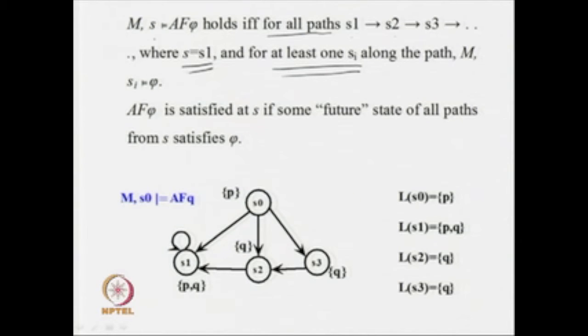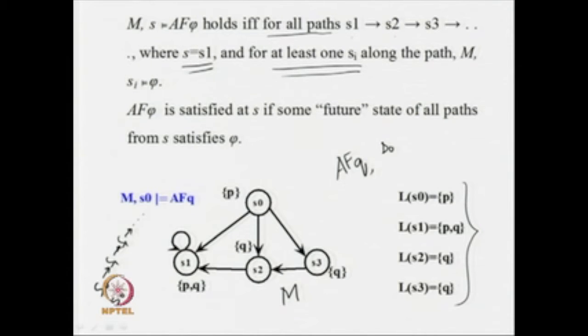Now, again look at this particular model M. We have 4 states, S0, S1, S2 and S3, and this is the labeling function of these 4 states. We are concerned about the formula AF q in state S0. We get the path S0 to S1, and S1 remains in S1 because we have a self loop.